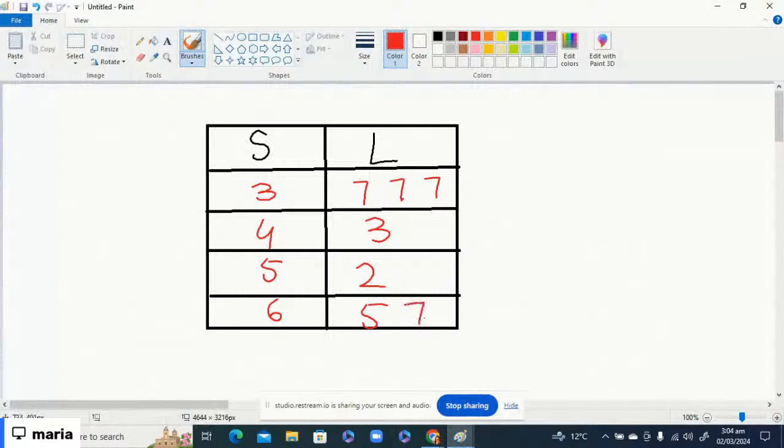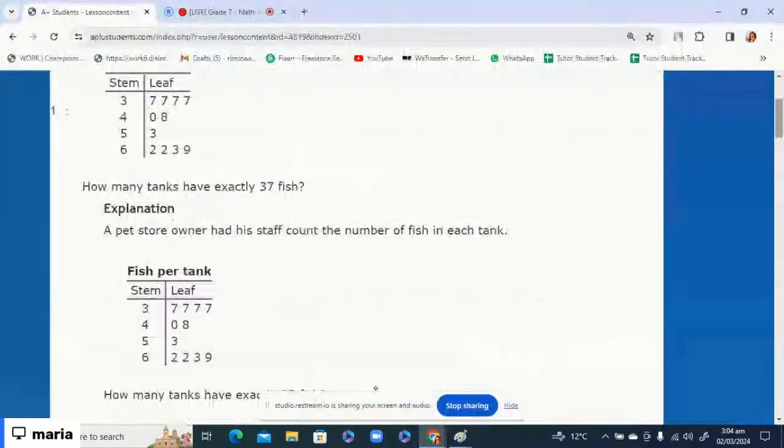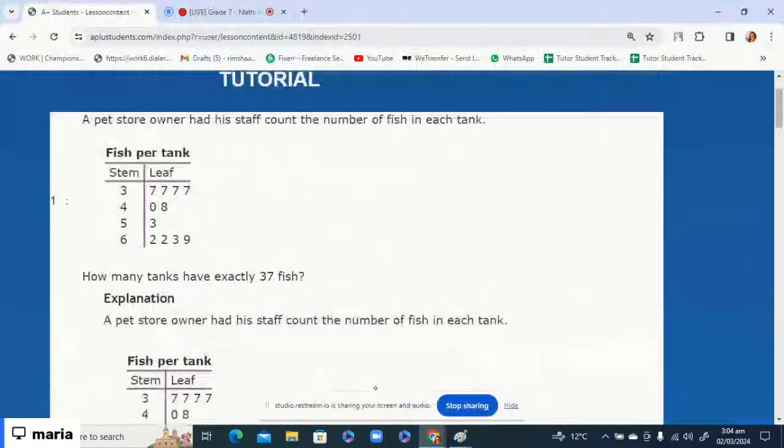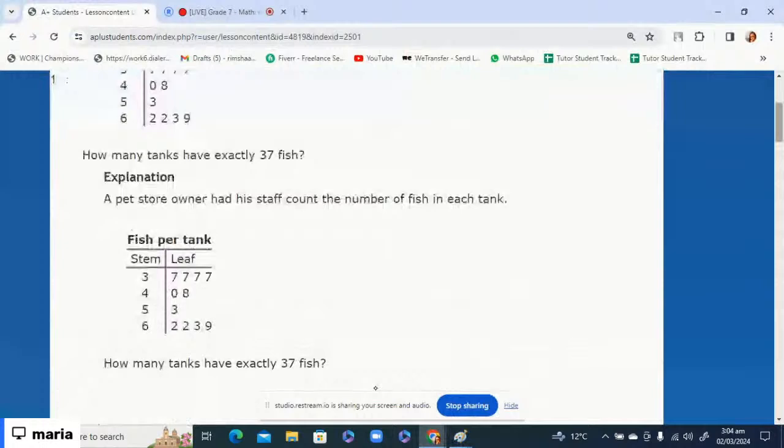And in the question, they are asking how many. What's the question? A pet store owner had staff count the number of fish in each tank, and how many tanks have exactly 37 fish. So we need to find out how many exactly 37.